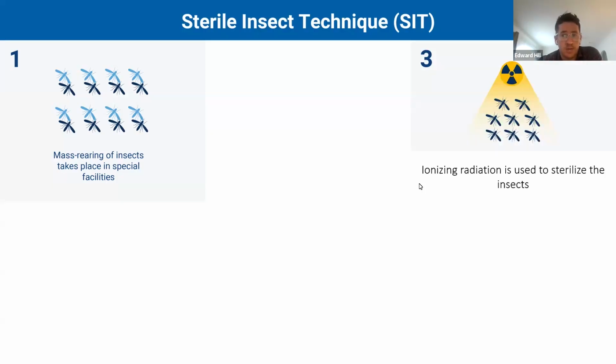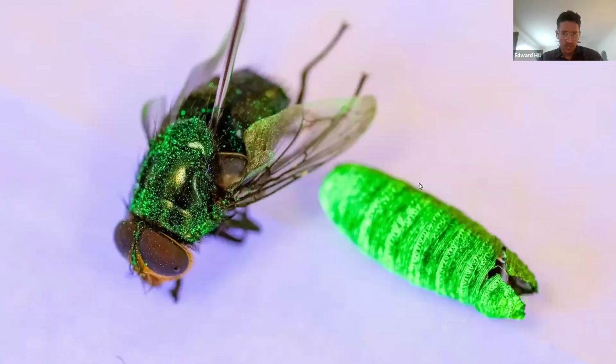And then you would irradiate all the insects. This was a little tricky because you want enough radiation to sterilize the insects, but not to kill them or to decrease their competitiveness. So it was tough to figure out the exact right amount of radiation that was going to be effective.